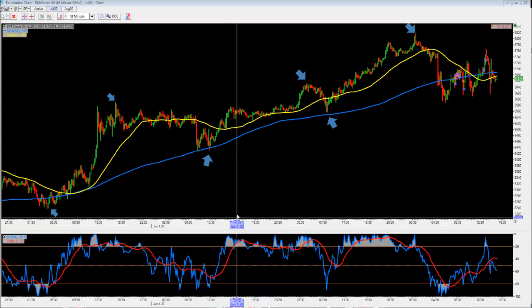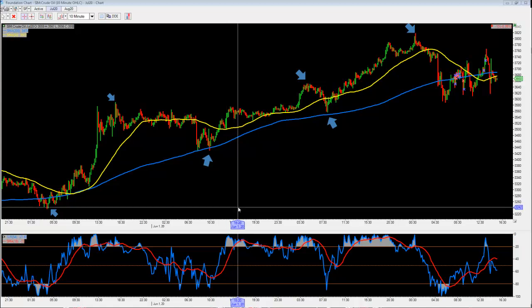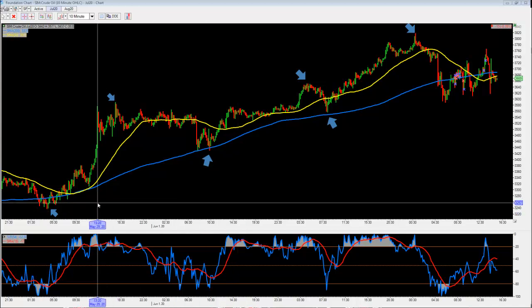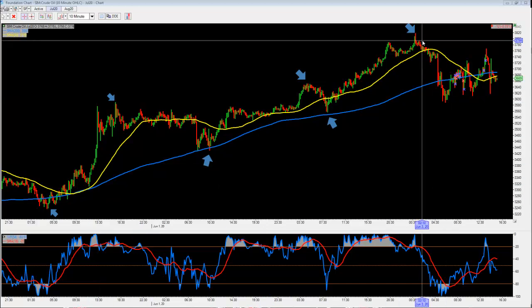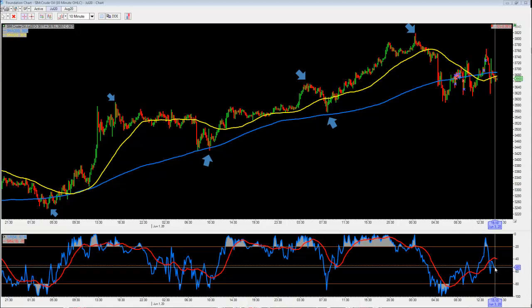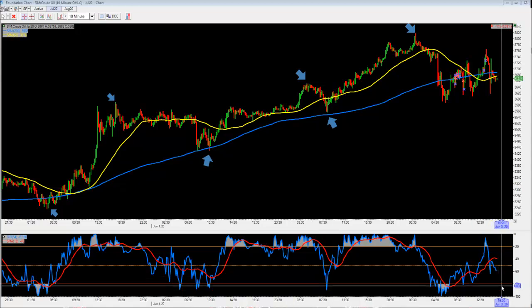You can apply this to any chart you want to, but we're just looking at the 10-minute chart right now. This is a great setup here that was perfect as far as wave count goes. The only thing we're missing is the C correction on this particular trade setup right here.